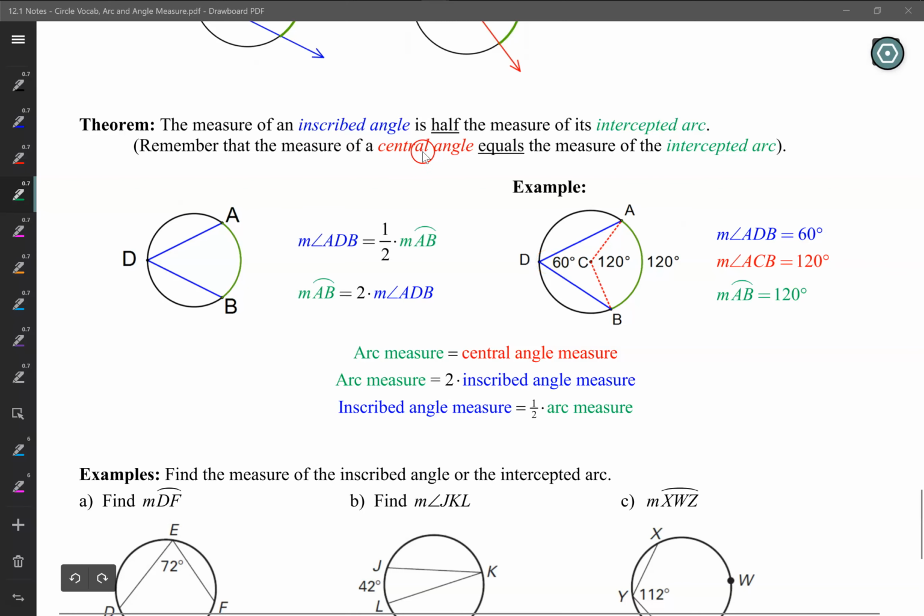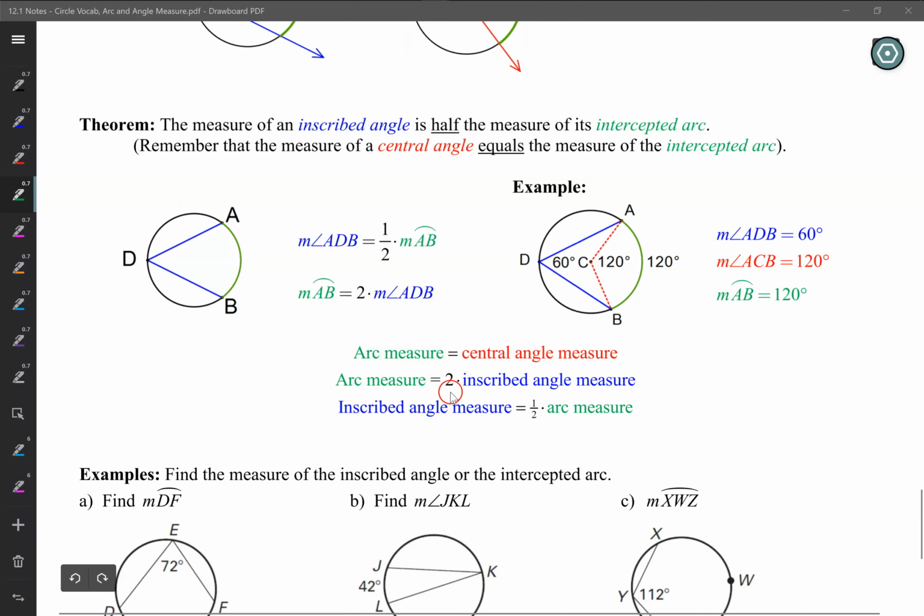Now I also drew the central angle on here. I drew the central angle, angle ACB, to remind you that the arc measure is equal to the central angle measure. So here's a summary right here. The arc measure equals the central angle measure. The measure of arc AB equals the measure of angle ACB.